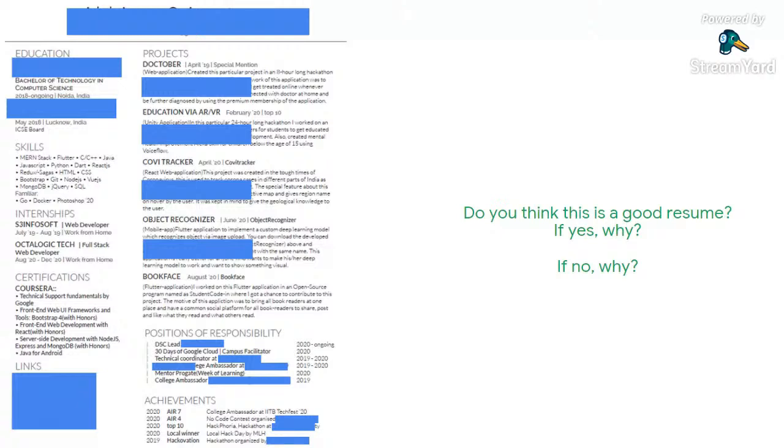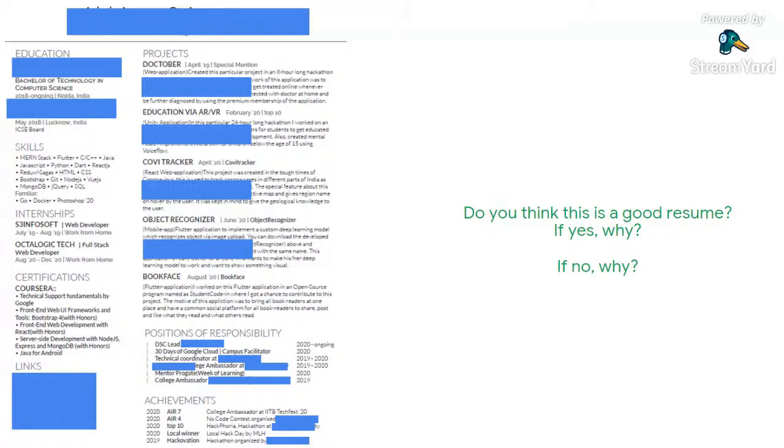Okay, so Nivedita says education has only one university. That is totally okay, I guess, because it should typically depict the current education that you're pursuing, not necessarily mentioning your past education, unless you do a dual degree. Let's say I'm doing my master's.